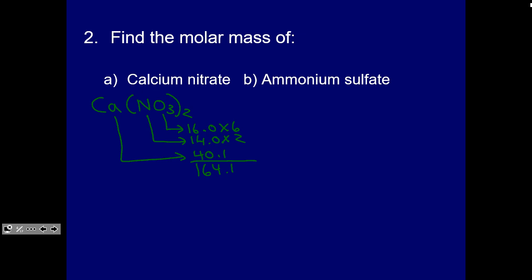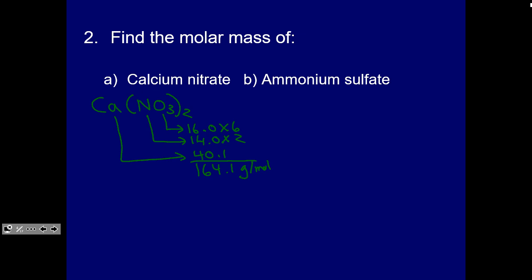And if I am wrong, put the right thing. But here's the important part. Now that when you're done doing a molar mass, you need to write grams per mole, all right? Grams per mole. And that's a very important thing.